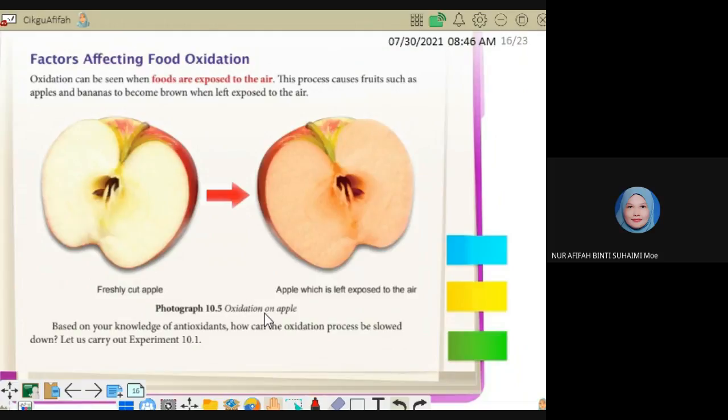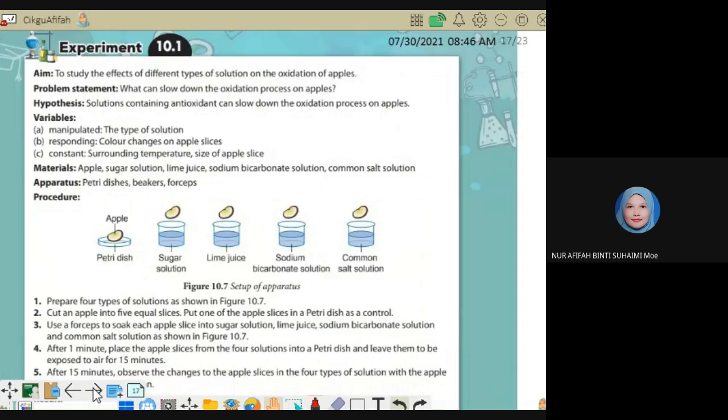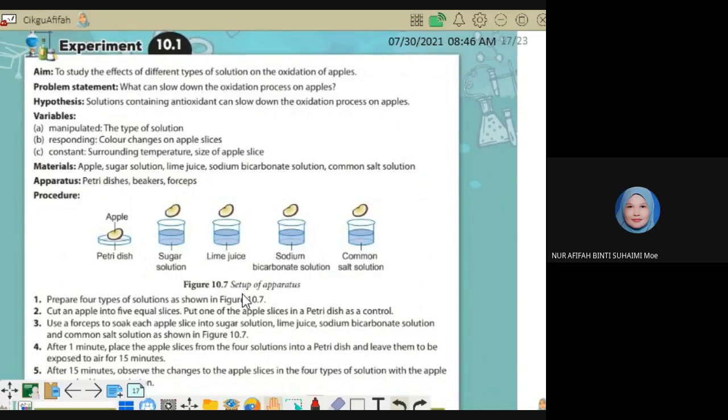Okay. Contoh, ini contoh. Okay. So how to prevent the apple from becoming brown? Okay, we can put the apple inside a sugar solution, lime juice, sodium bicarbonate, or common salt solution. Ni eksperimen lah. Ni eksperimen.